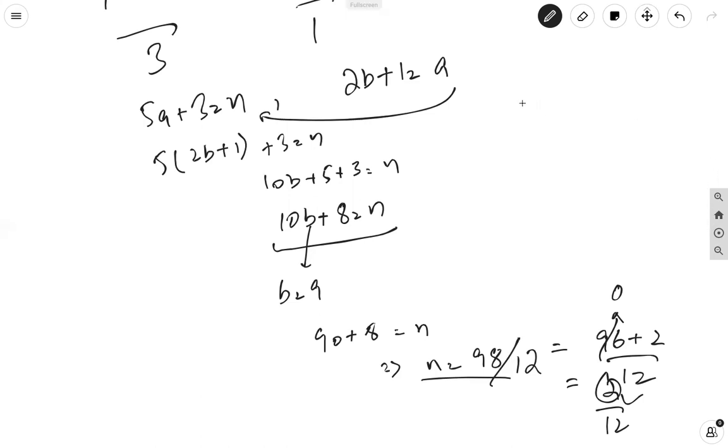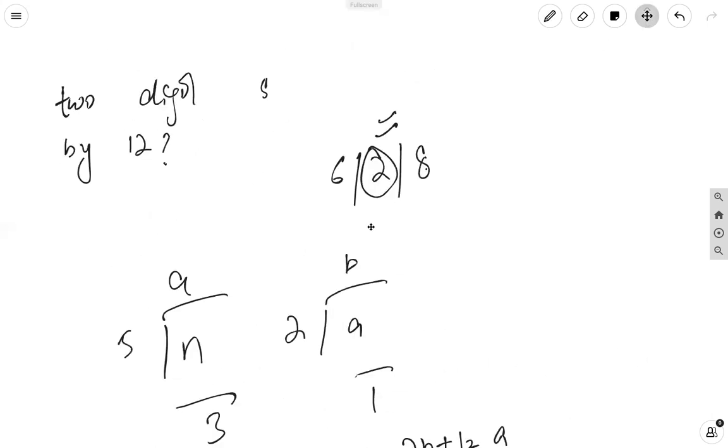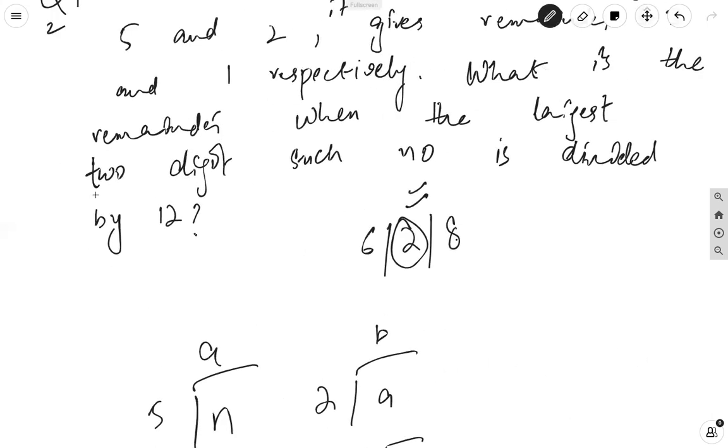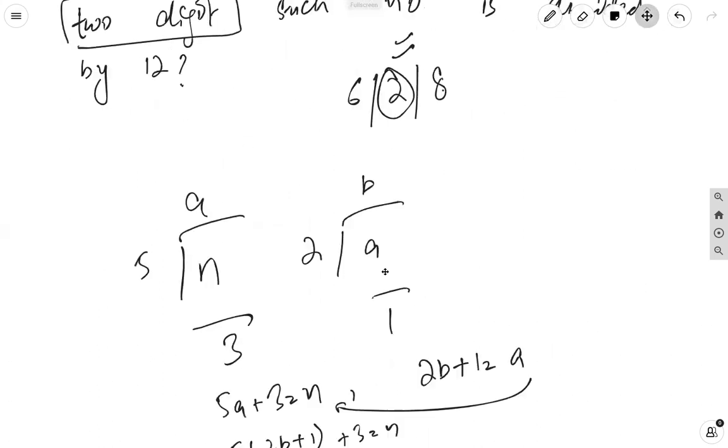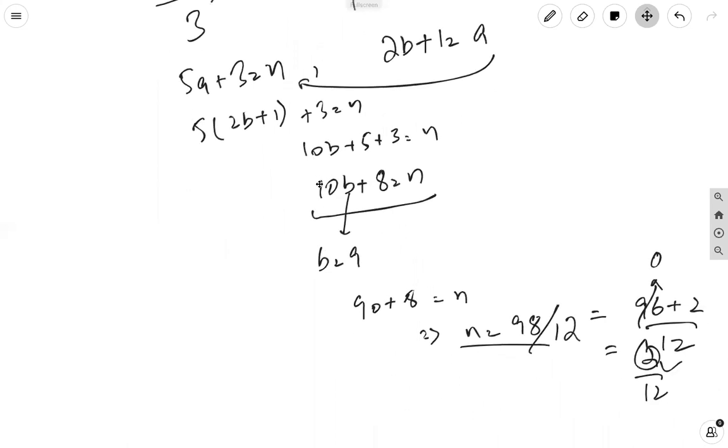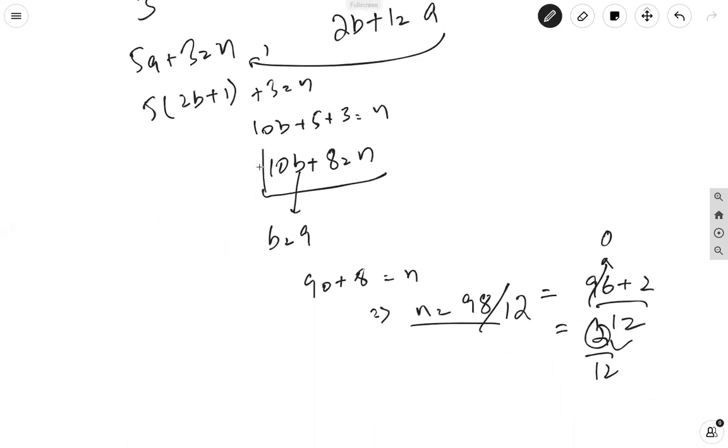I didn't get it, how did you put b equals 9? Listen, the question says, what is the remainder when the largest such two-digit number, and the question is largest two-digit number. So tell me the case when we are having the largest two-digit number. Substitute any value of b.